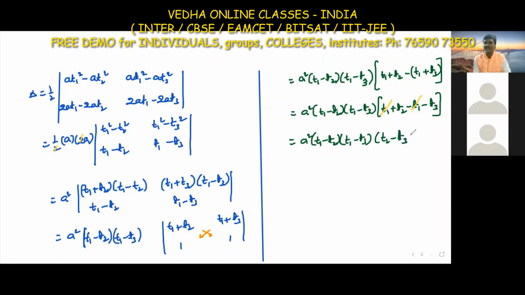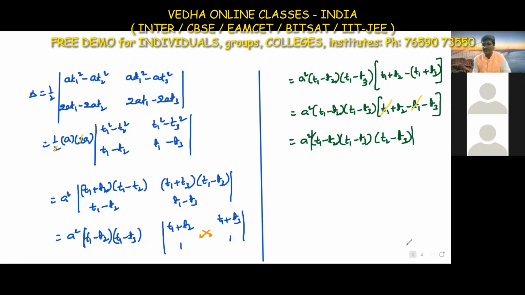T2 minus t3. Okay, so this is the area. We are finding the area, so that is nothing but the determinant, so we take the modulus sign. How do we get the T1 and T2 values?